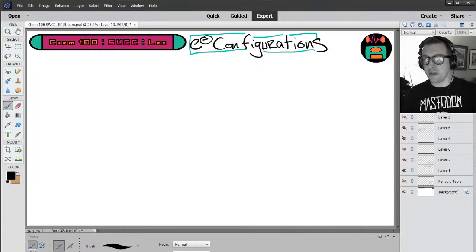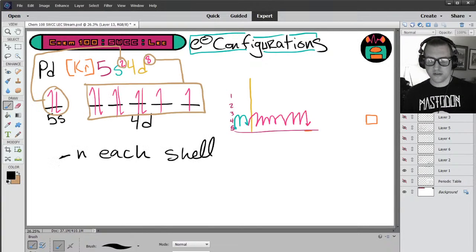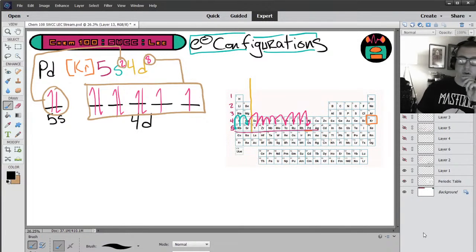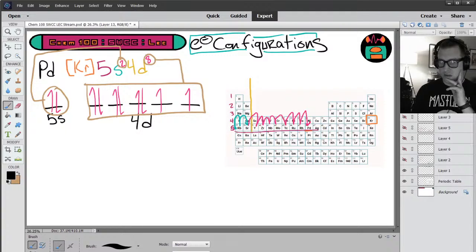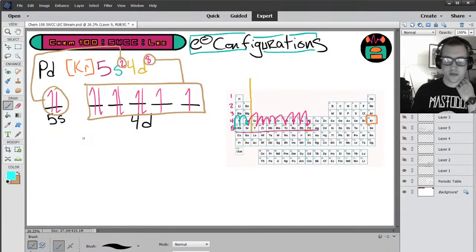So for example, if we go back a little further and grab the periodic table, if you look at our previous example, you'll notice that we're dealing with an S subshell, so there's 1.